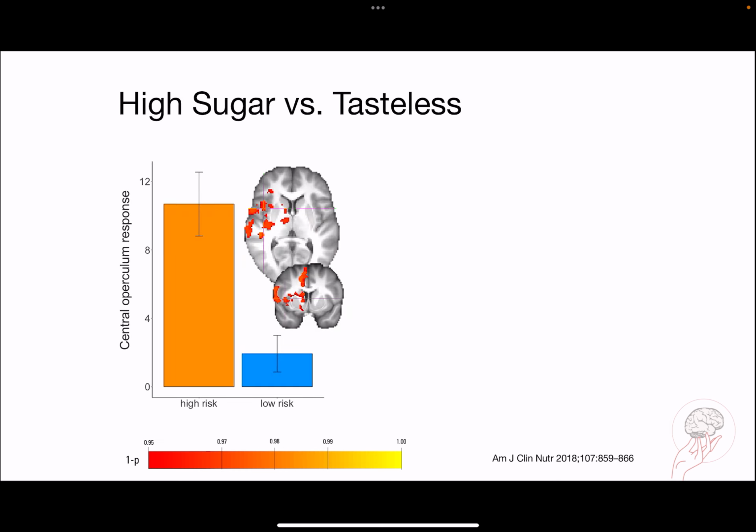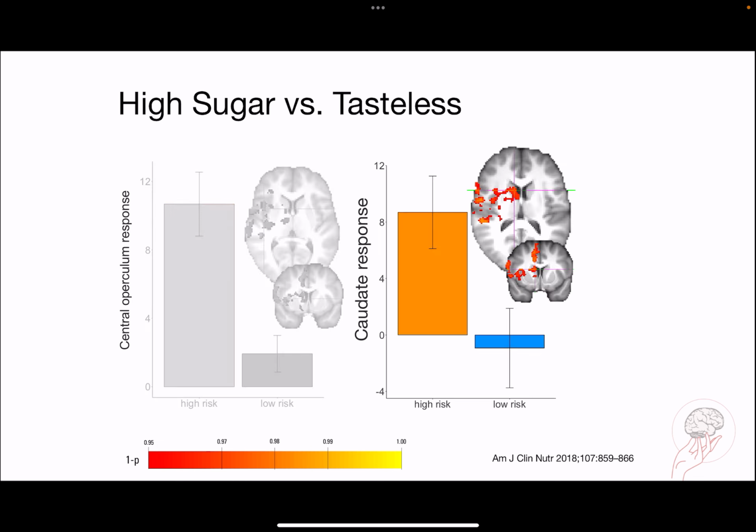We also saw this in another taste area, which is called the central operculum, as well as the caudate, which is an important area for reward and motivation. So even before any weight was gained, we see differences in the brain response.